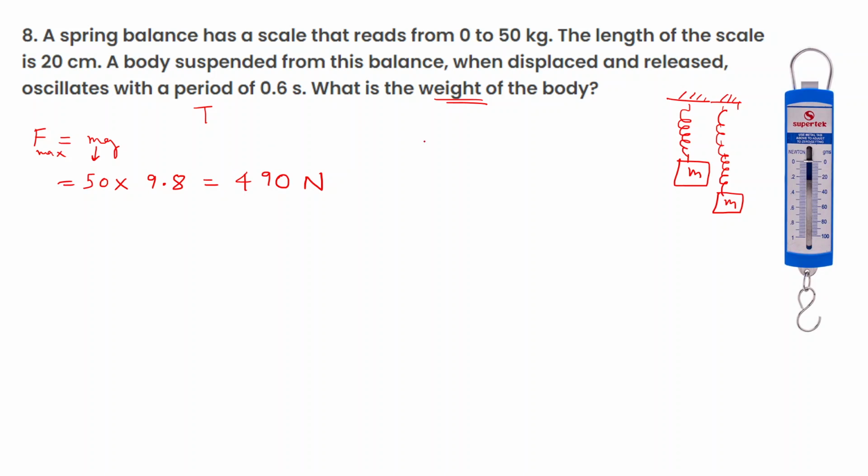Now we know from Hooke's law, force is equal to minus kx, where k is the spring constant. Since force is equal to mg, the spring constant will be, if we ignore the negative sign, because it is for direction and has nothing to do with the magnitude, f by x.